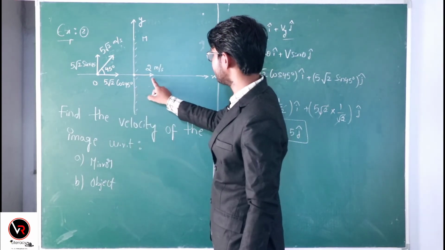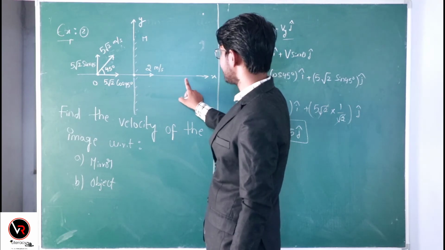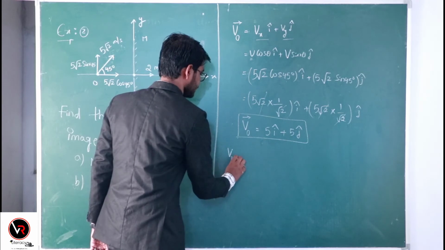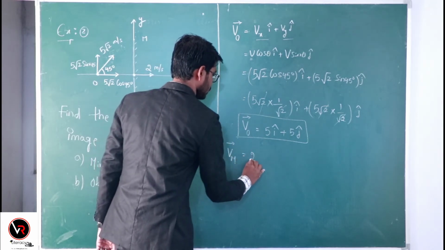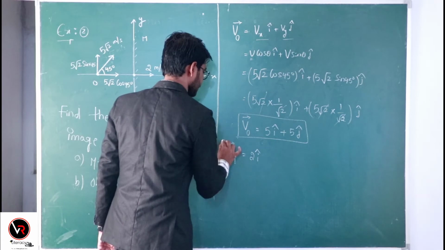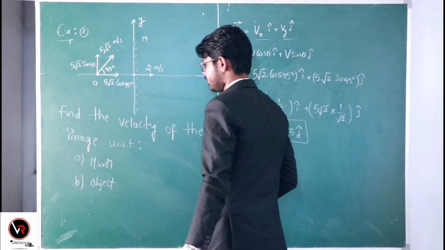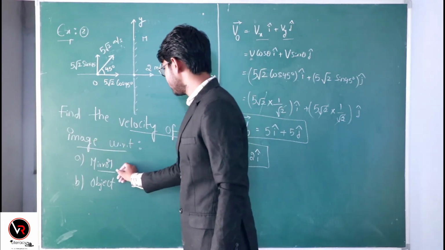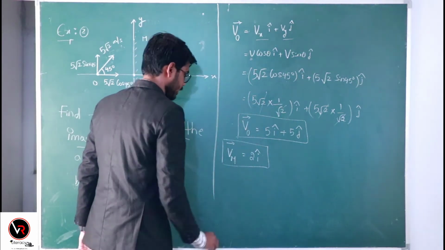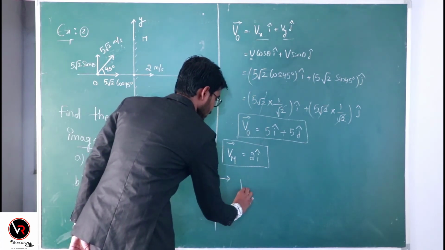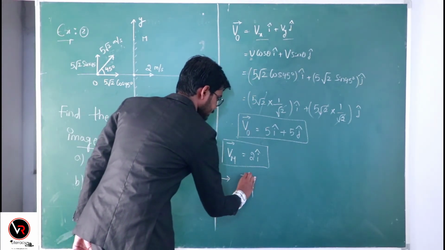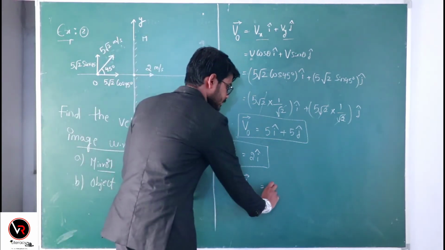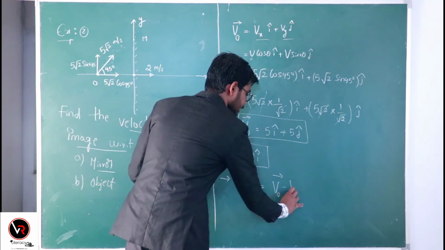So what is the velocity of the mirror? It is moving along x direction with 2 meter per second. So velocity of mirror is equal to 2 î. So what do we find first? We have to find the velocity of the image with respect to mirror. First we have to find the velocity of the object with respect to mirror. So velocity of object with respect to mirror is velocity of object minus velocity of mirror.